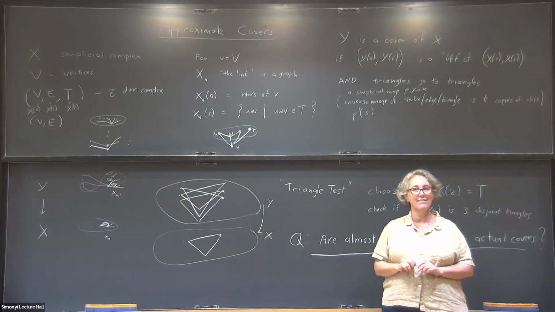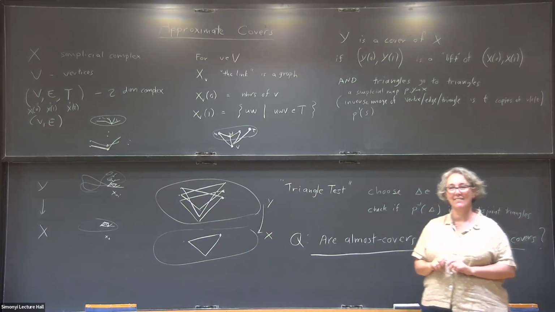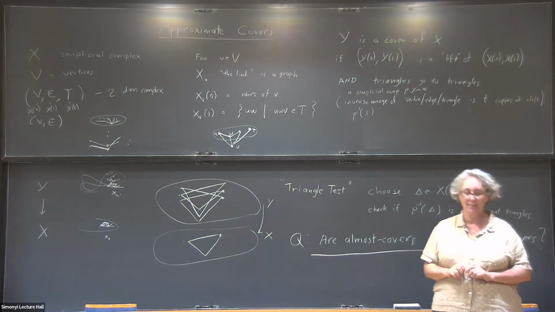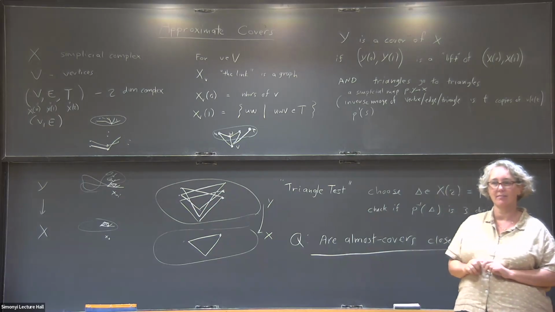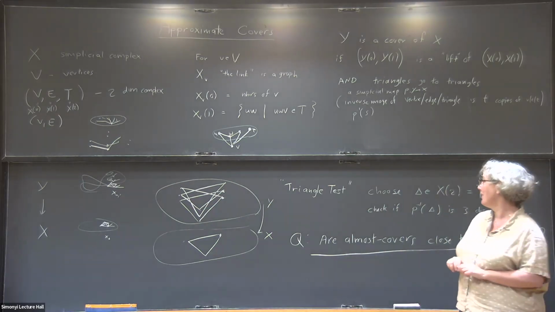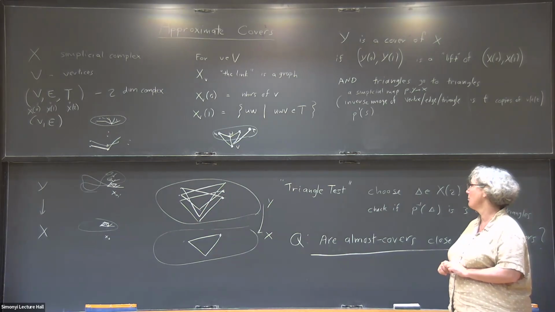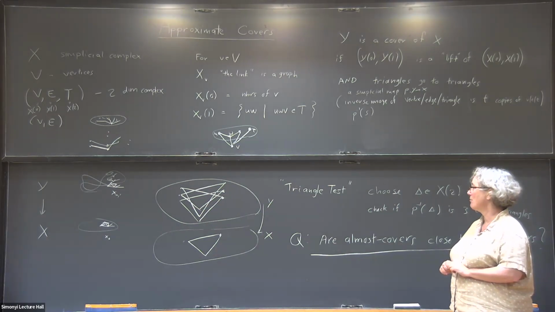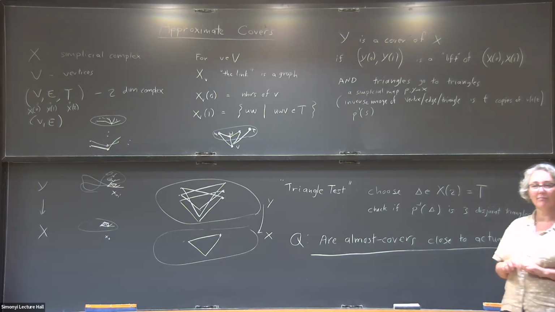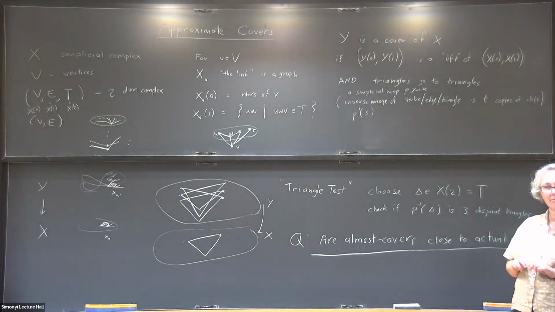How many edges or two-simplices should we think of X as having? Should we think of it as having theta n cubed two-simplices? Okay. At this point, I'm not thinking of that. I guess it feels like if you have theta n cubed simplices, then you should be able to do some sort of supersaturation thing.